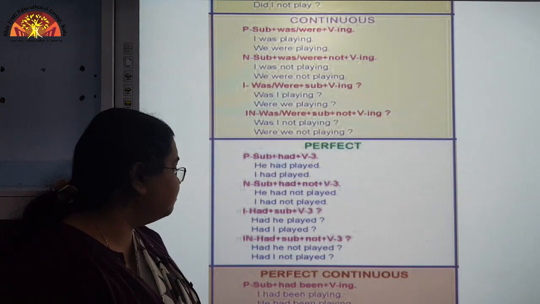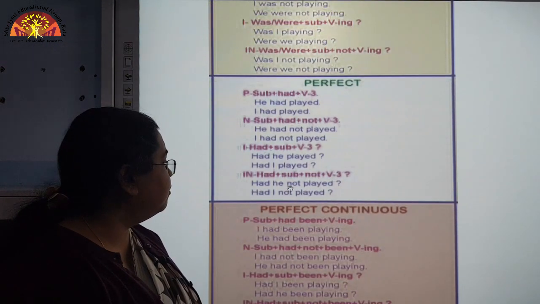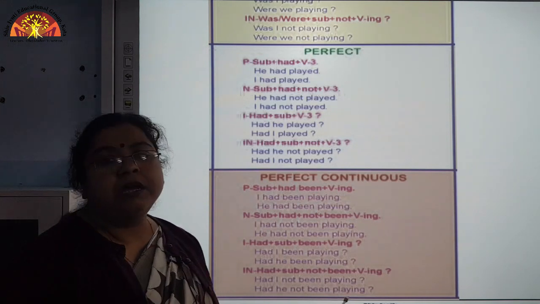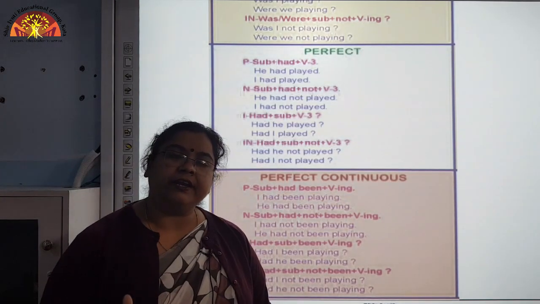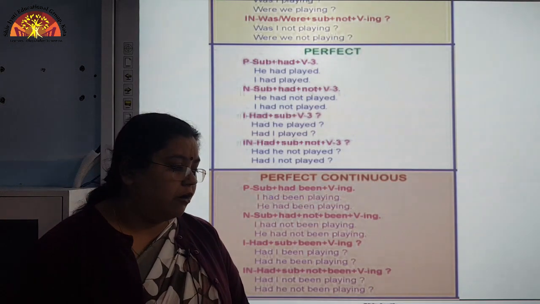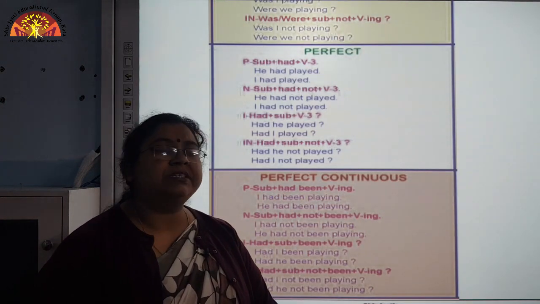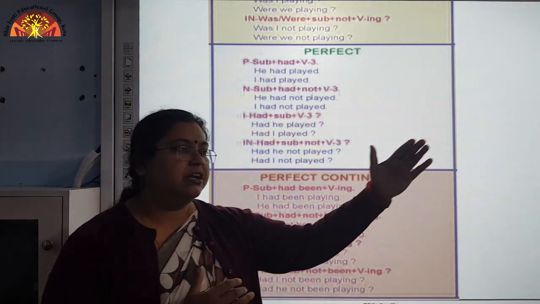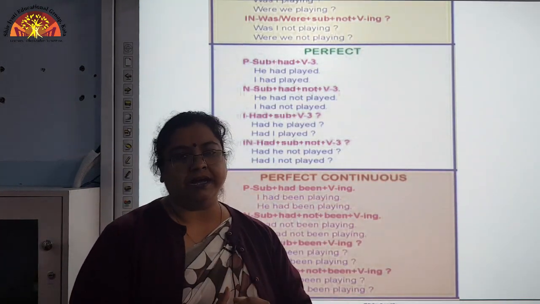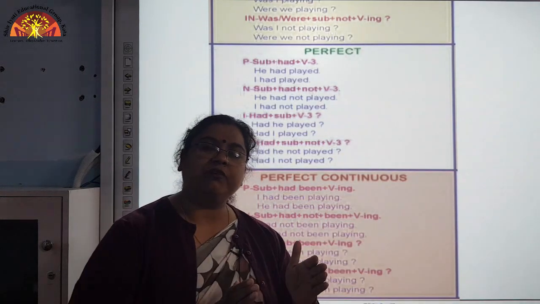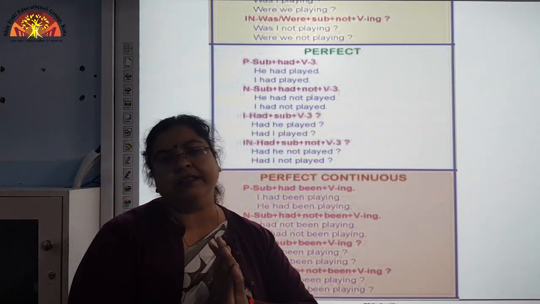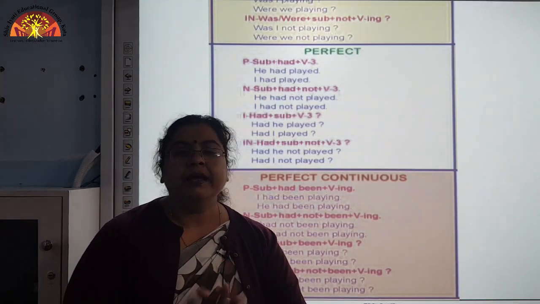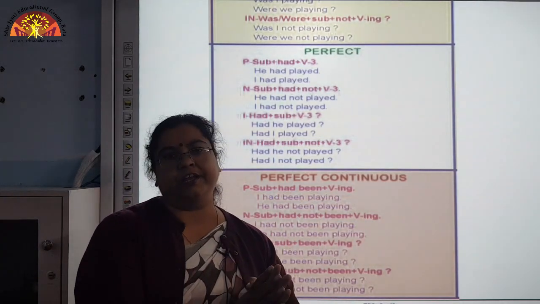Now, let us move to one more, the last, fourth tense here, that is past perfect continuous tense. Past perfect continuous tense is used when, suppose, one action started in the past and continued for some point of time, and it is not specifically declared till what time it continued.